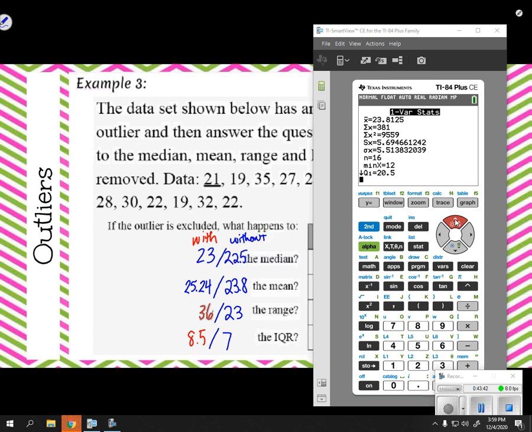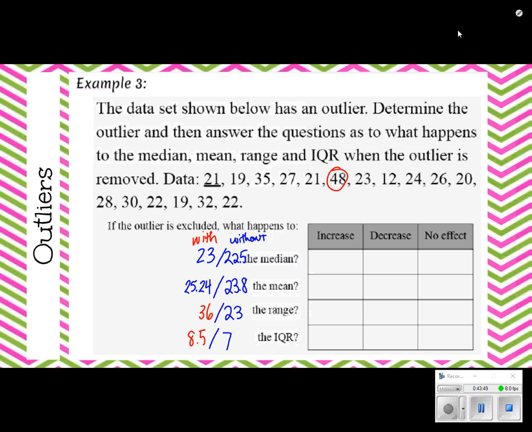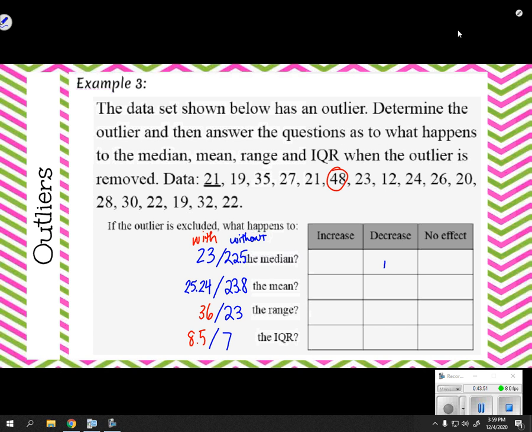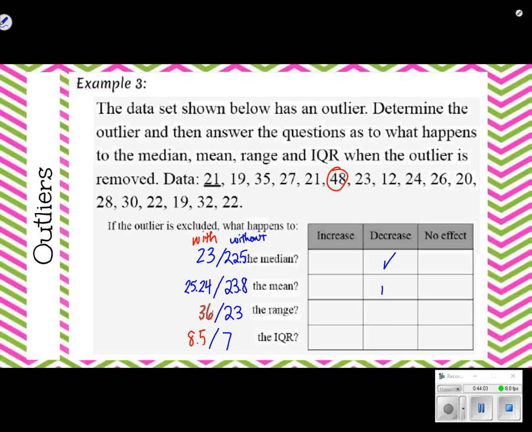So it looks like everything decreased because it's an upper end outlier. The median decreased, not by a whole lot, but still decreased. Sometimes that doesn't happen. Remember, with the Bill Gates problem, it doesn't always have to decrease. The mean decreased, the range decreased, the IQR decreased as well.